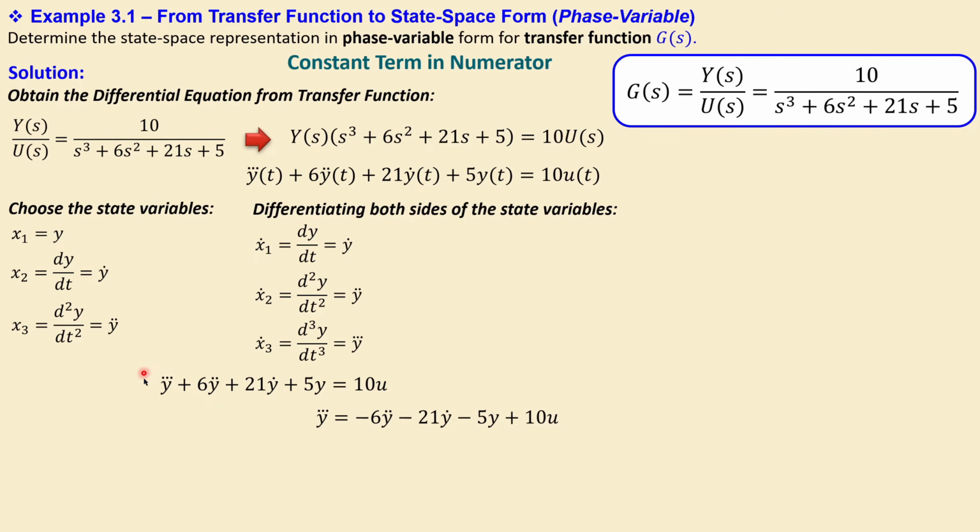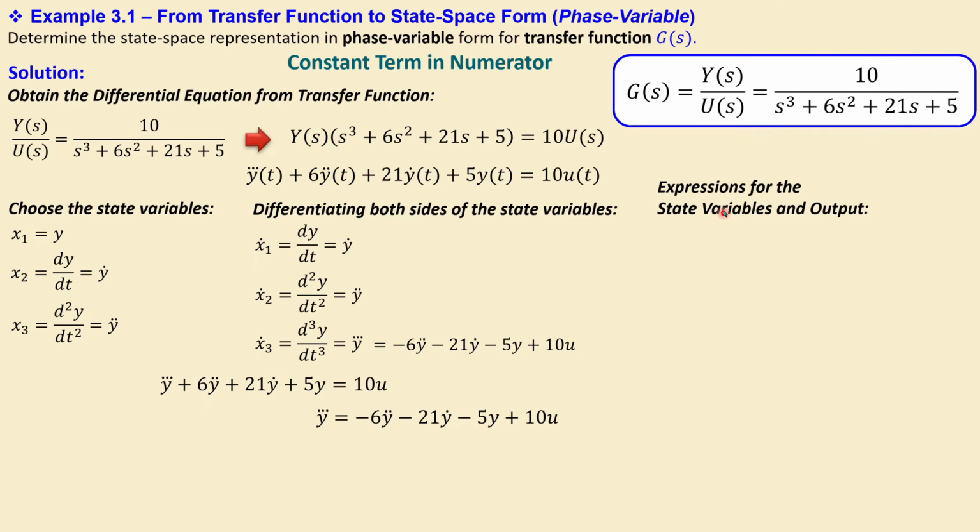Now we can express this y triple dot as equal to minus 6y double dot minus 21 y dot minus 5y plus 10u. Just rewriting this and keeping only the highest derivative term on the left side. Then we can also say this is this, so it's the exact same for x3 dot.